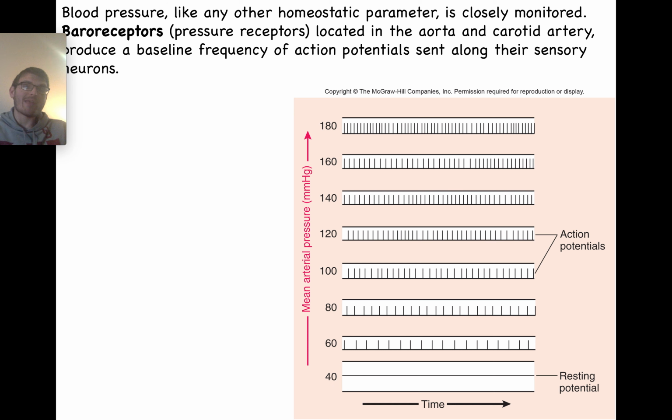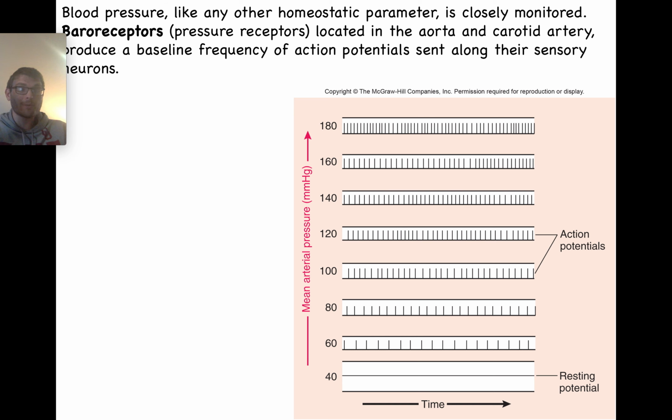So when the action potentials get more frequent, the blood pressure's too high. When the action potentials get too infrequent, the blood pressure's too low. If this were a more typical situation in which the sensory neuron is not firing any action potentials as long as things are normal, that would not allow the medulla to distinguish between high blood pressure and low blood pressure.